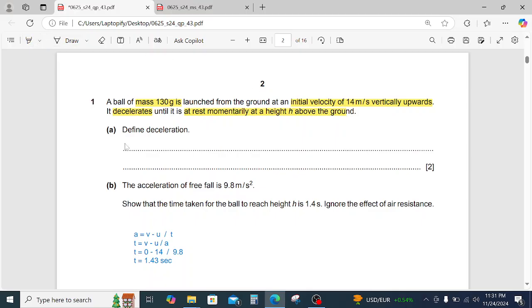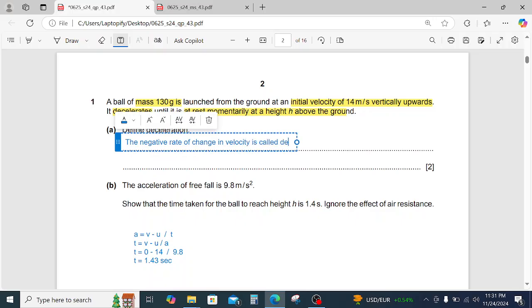Deceleration means decreasing velocity, so that is deceleration. Okay, so you have to define it. The negative rate of change in velocity is called deceleration, right?